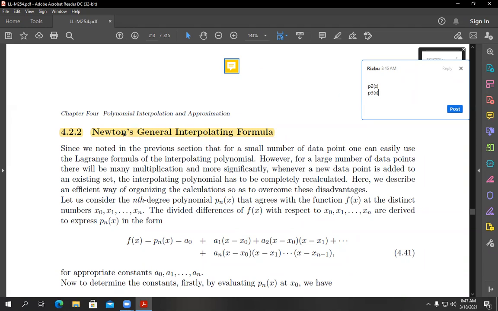This is a good point of the Newton method: we don't care about how many data points we have. Inshallah, I will give you an example where I find the approximation of the function for degree 5, 6. And the good point is that if we know the information of P2, we can use it in P3 plus one small extra term.